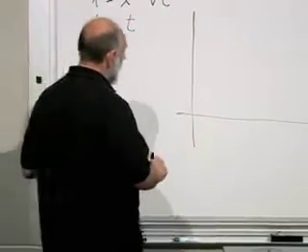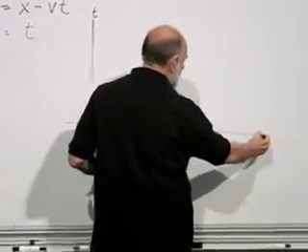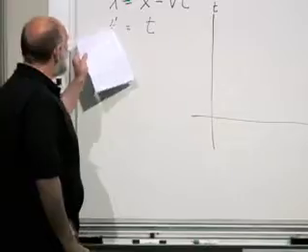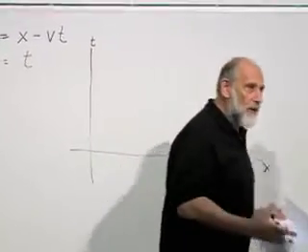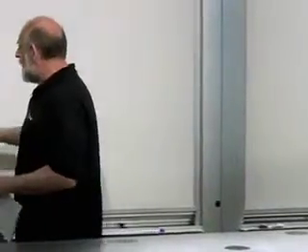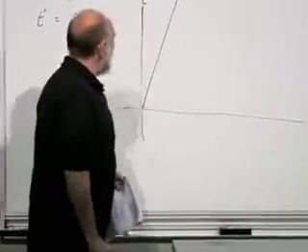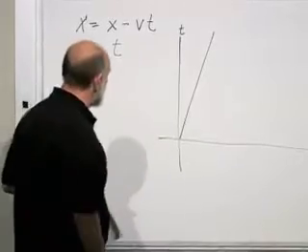If I were to plot the time axis and the x-axis, and then on the same graph draw the t-prime axis, which stands for the locus of points of the origin of coordinates for the prime moving observer, it would look at an angle, like so. And the slope of that angle would be controlled by the velocity of the moving reference frame.